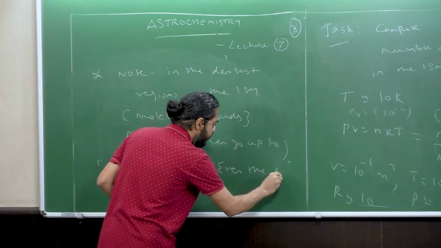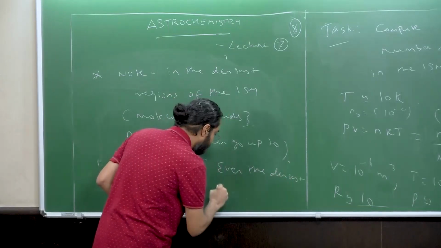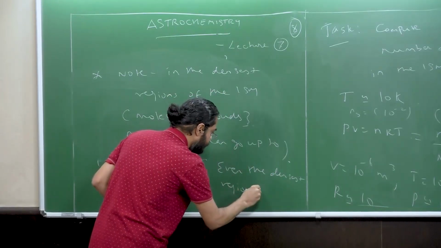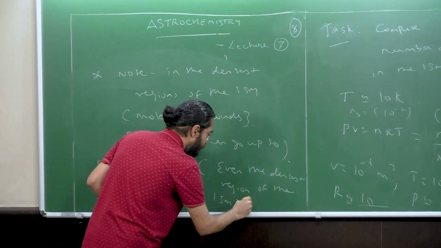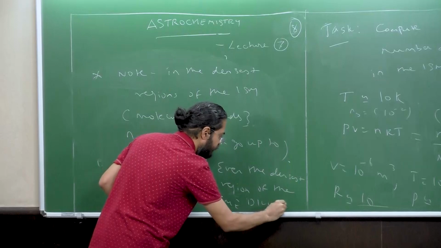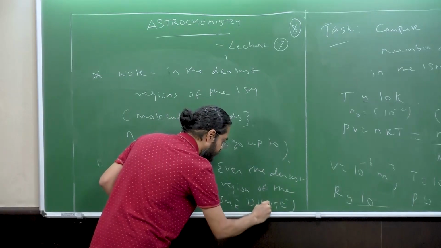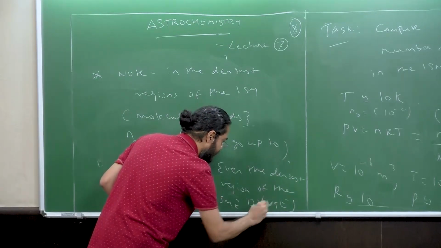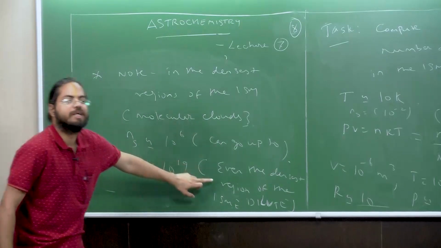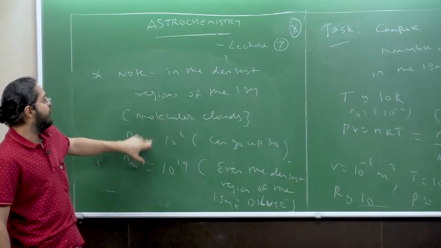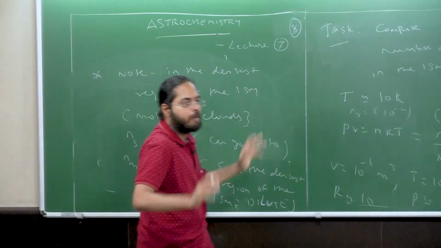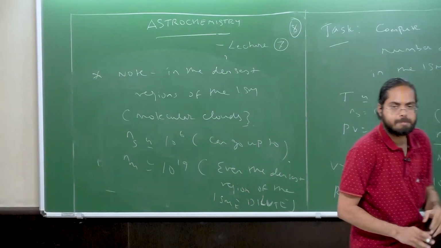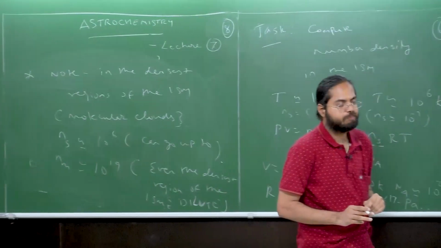Even the densest region of the ISM is very dilute with respect to where we live. It's dilute, okay, right? So even the densest region of the ISM, which is the molecular cloud region, is still exceptionally dilute and sparse with respect to Earth. Please make this point clear, okay?